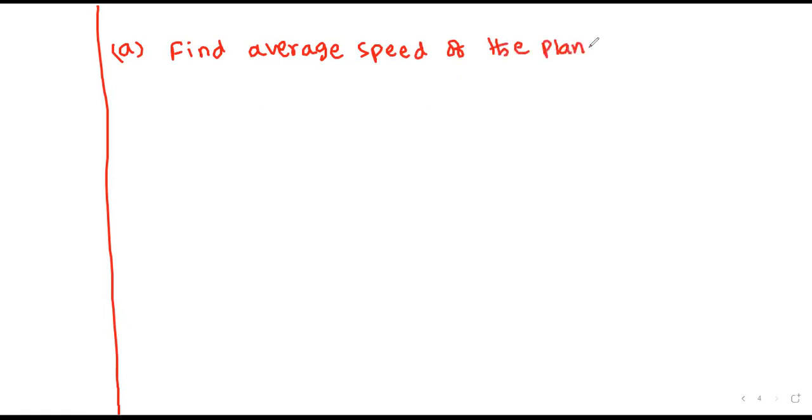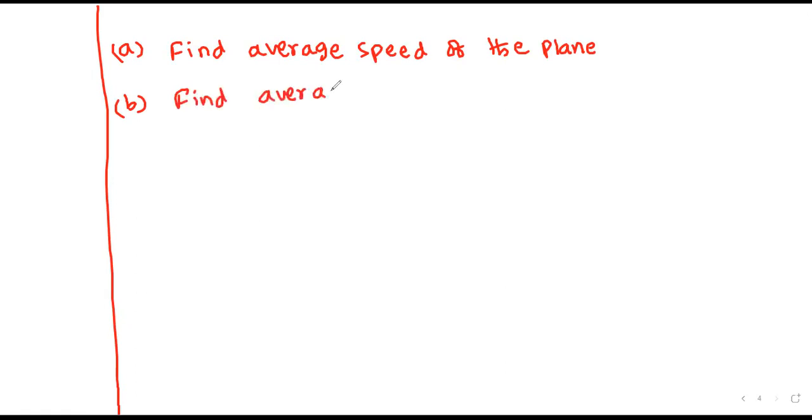Okay. First bit, find the average speed of the plane. Next, find the average speed of the bus.